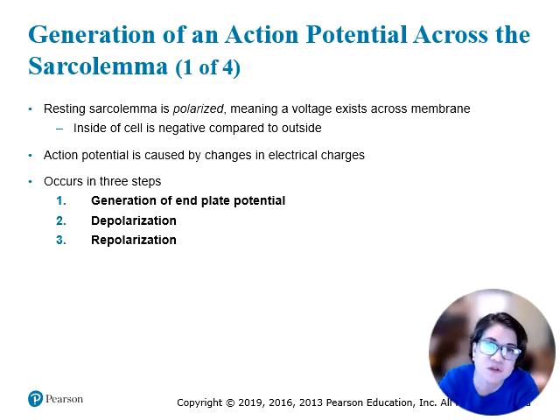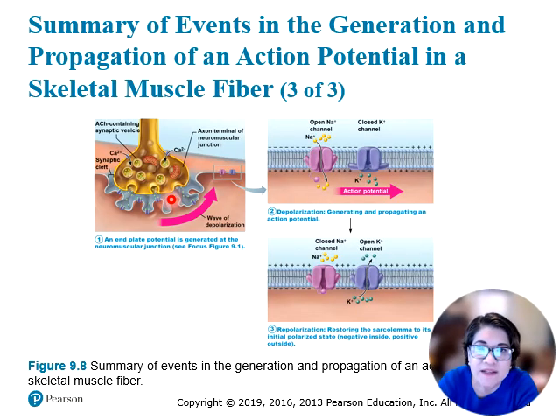Okay, so once again, action potential comes down the nerve, calcium rushes in, acetylcholine is released, binds to the receptors. That causes sodium to go in. So here's your little wave of depolarization.